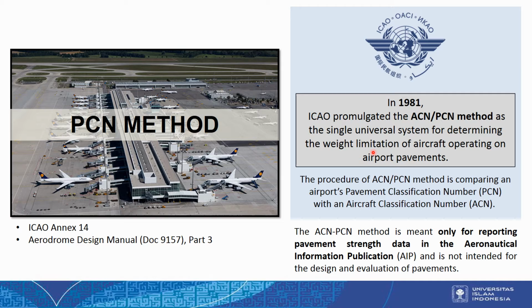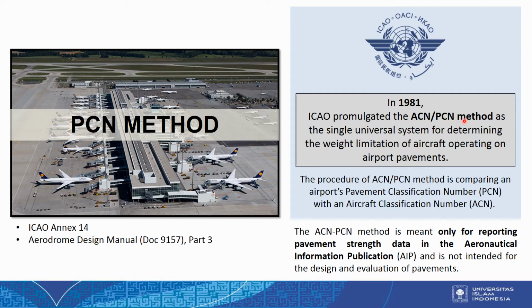Like I said before, in 1981, ICAO promulgated the ACN-PCN method as the single universal system for determining the weight limitation of aircraft operating on airport pavement. The PCN method is also called the ACN-PCN method.